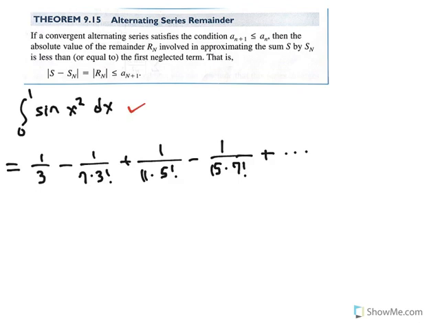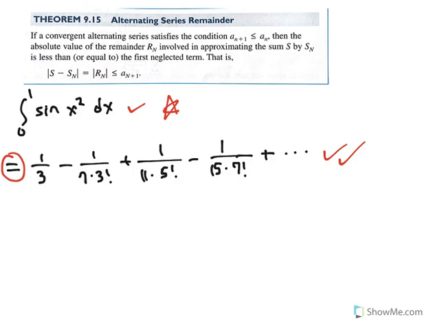So you saw on the previous screen how we went from our problem to this line, and I'm just omitting the steps in between so that I can have some space here. And as we just stated, we're going to approximate the value of this definite integral, which is exactly equal to the sum of this infinite alternating series.